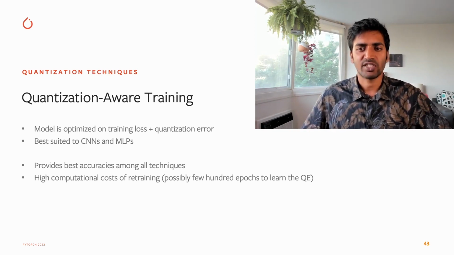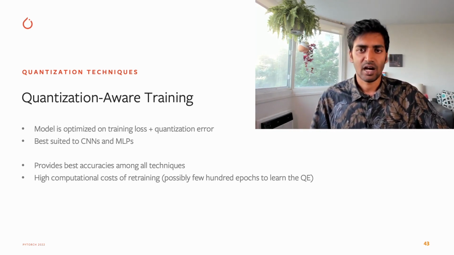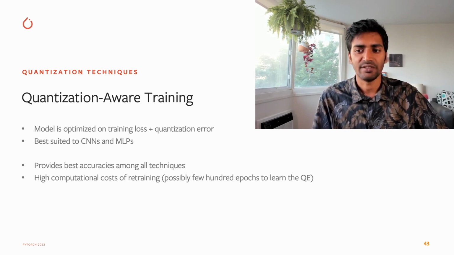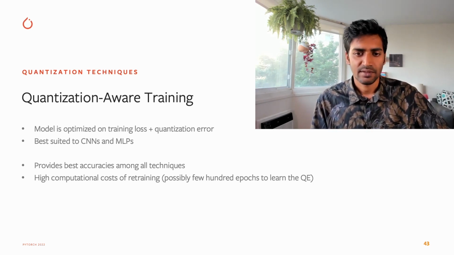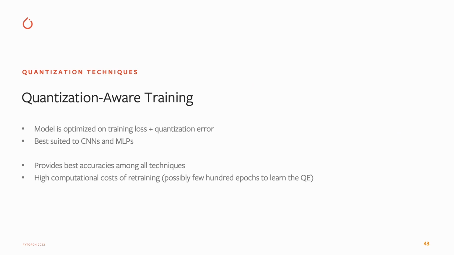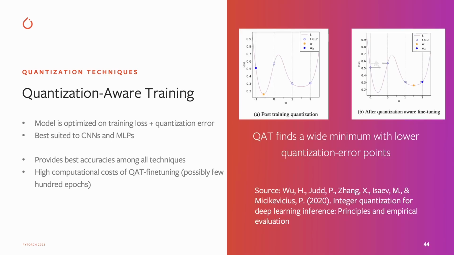It does one extra step over normal training. Along with calculating the training loss, it also simulates quantization to calculate the quantization error with those weights. When you're backpropagating in QAT, it uses both the training loss and the quantization error to converge to weights that minimize model error when quantized.